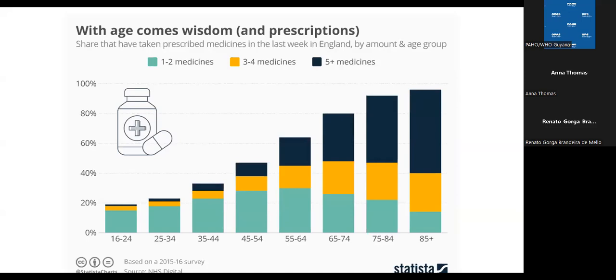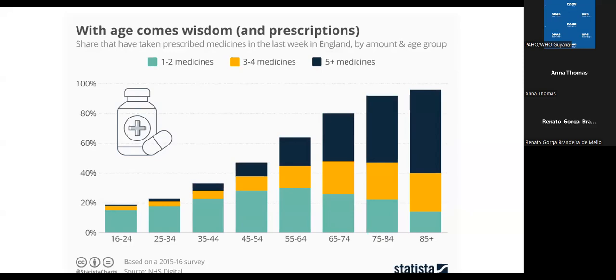This is the scenario where we have more vulnerable patients, and this is the scenario where we have a high incidence of drug-related events.